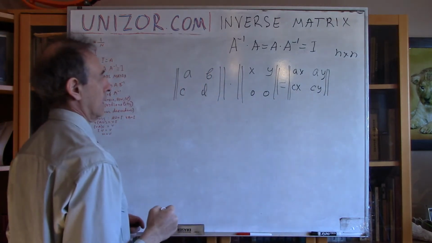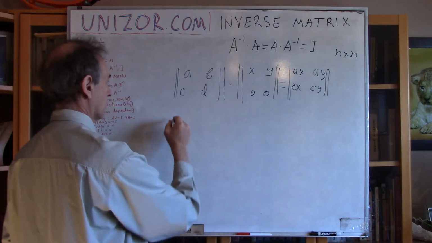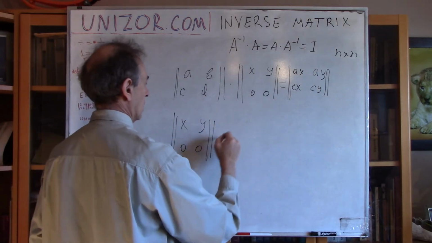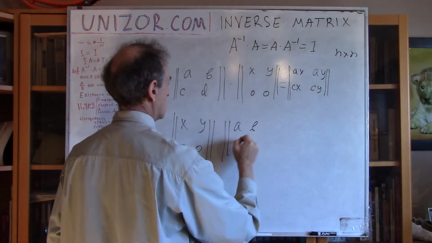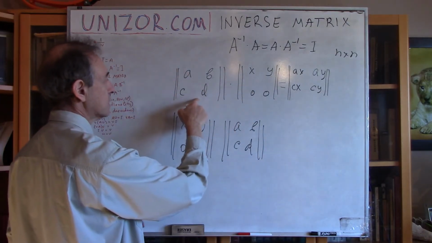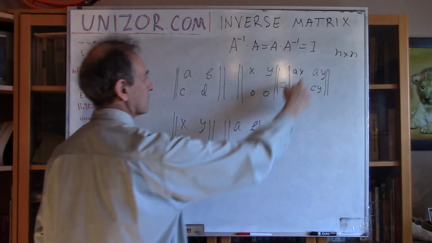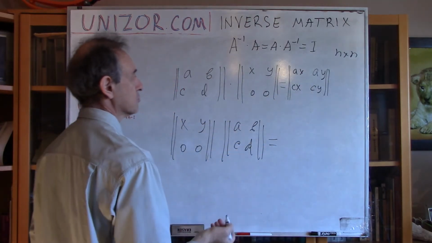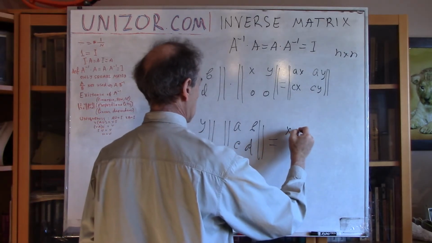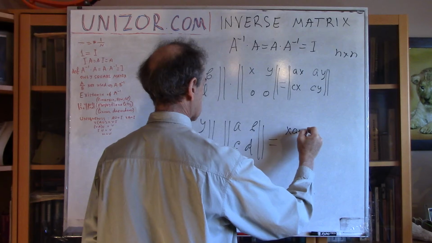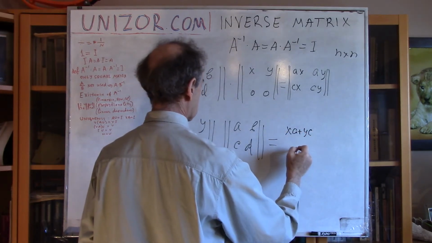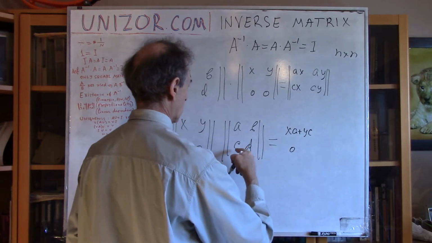Okay. Now, what if we do it the other way around? What if we multiply x, y, 0, 0 times a, b, c, d? If we consider a, b, c, d to be an inverse of this matrix, the result should be exactly the same, and it should be an identity. In this case, we will have xa plus yc, and here we will have 0 and 0.